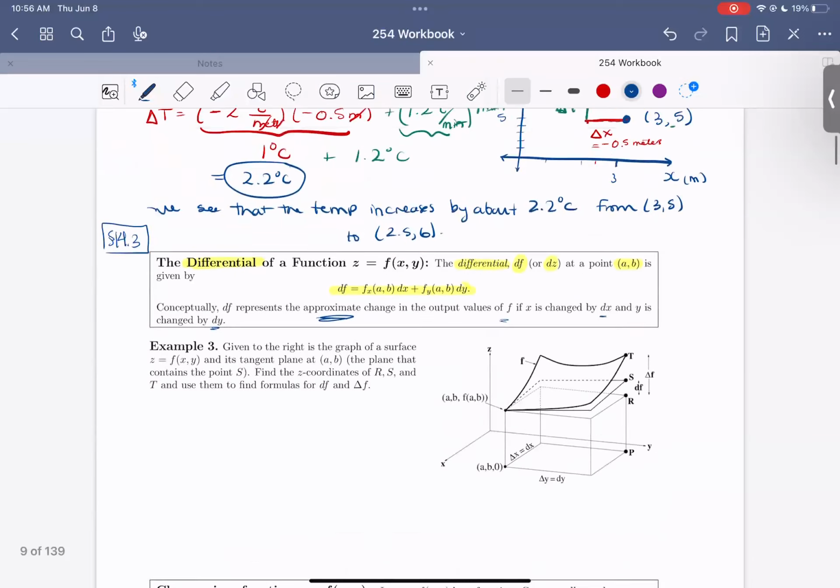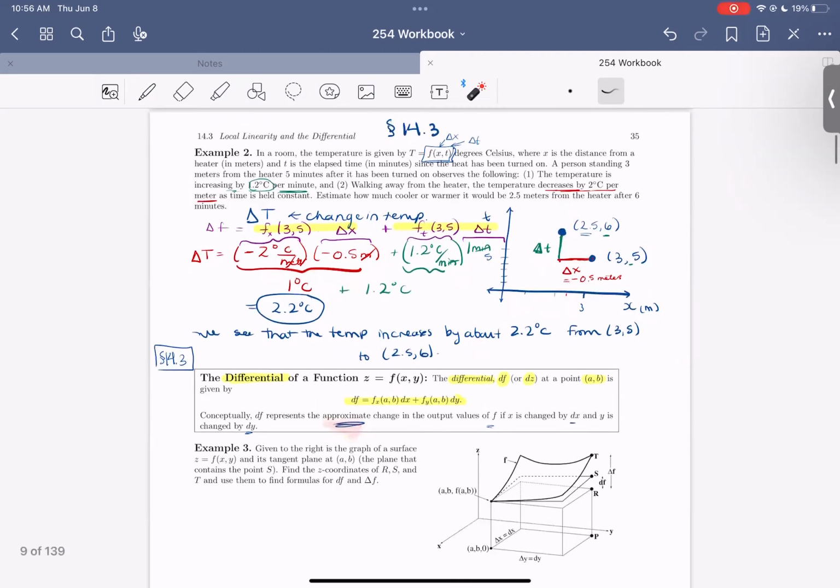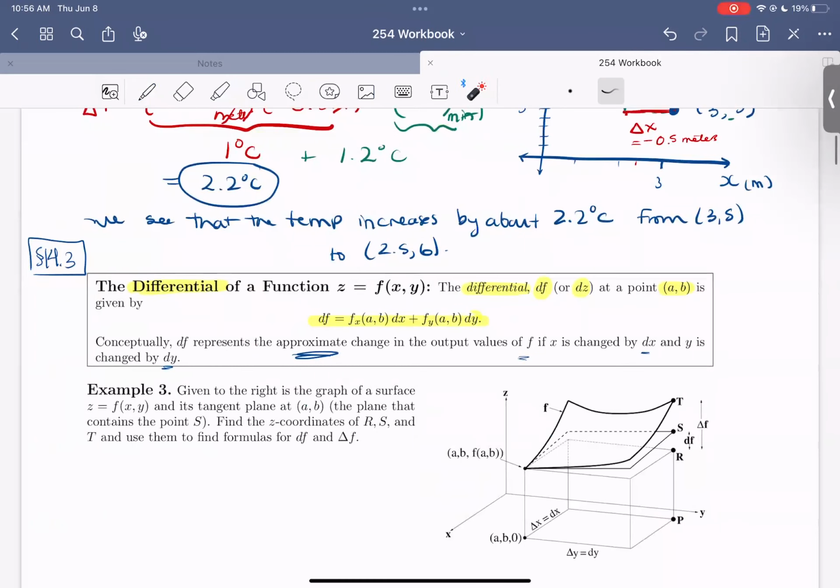Notice that in that example, we were considering that the change in our function in the x direction and the y direction was constant throughout. That's not always going to be the case. As we vary in the x direction, we might vary in how much our temperature changes, or whatever our output is changes. So this differential does give us an approximate change of the output of f.